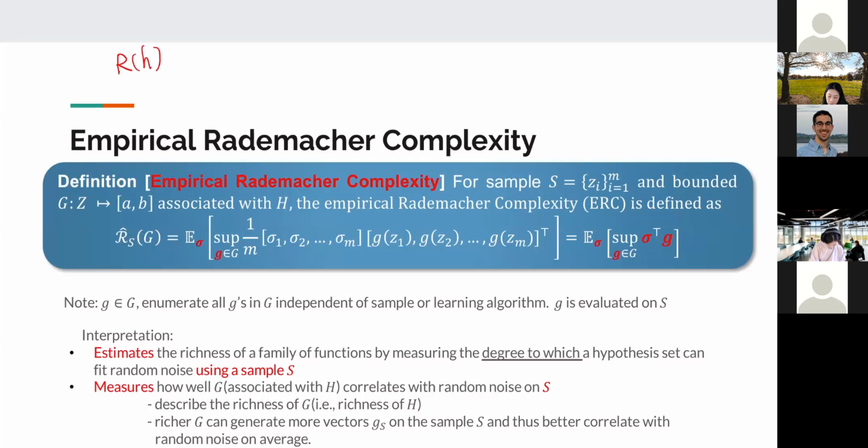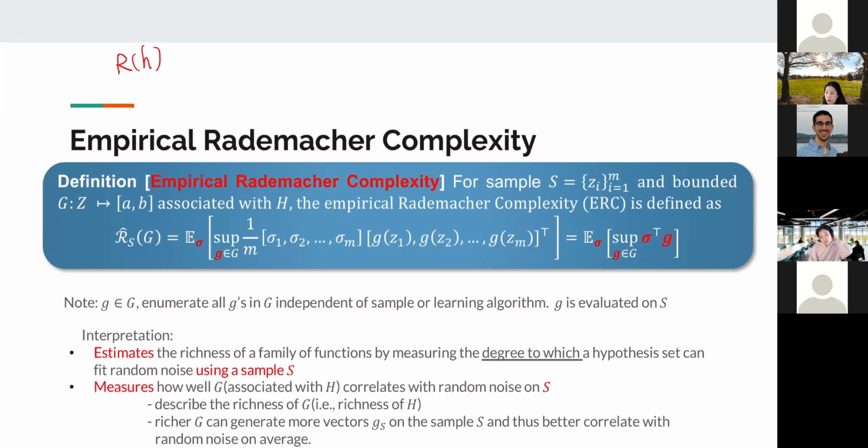Okay, very importantly, I wanted to emphasize here the definition of the empirical Rademacher complexity of G: it is the expectation over sigma. Remember what sigma is?